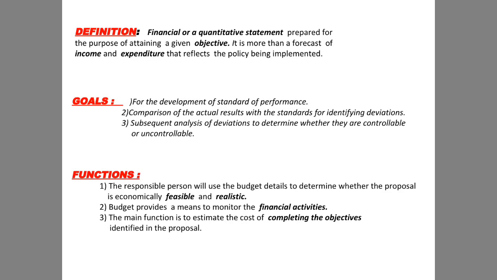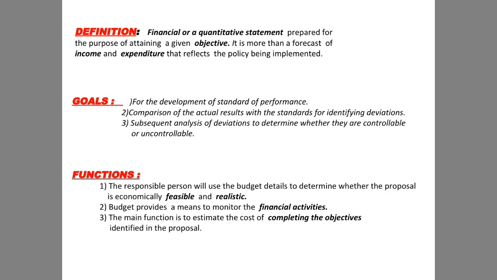It is a way to evaluate our standard of performance. It is a way to compare actual results versus projected results. It is a way to do an analysis and determine what are things we can control, such as inventory sometimes, and staff.